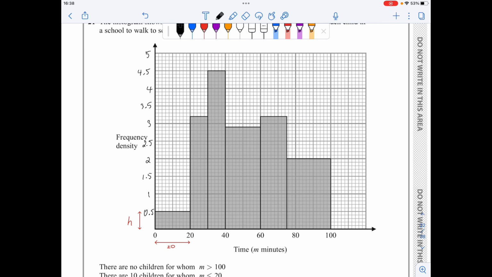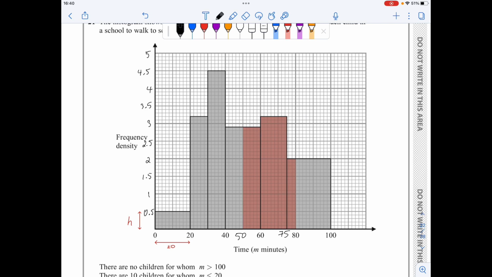Now I need to find an estimate for the number of children between 50 and 80, which is this region here. Now this region is made up of 3 bars. The first one goes from 50 to 60, the second one goes from 60 to 75, and the last one from 75 to 80.